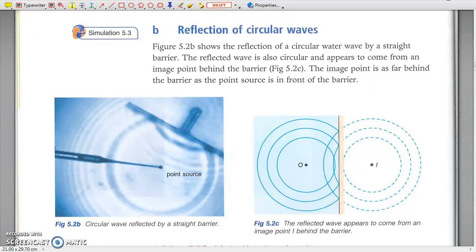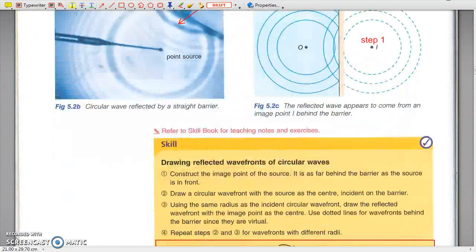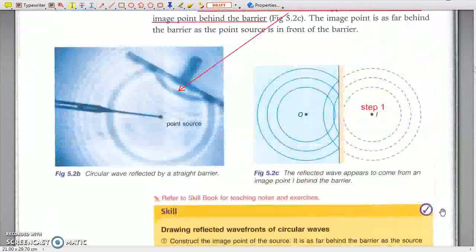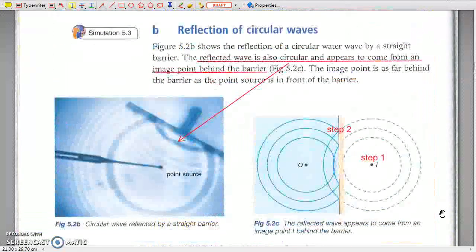B. Reflection of circular waves. For a circular wavefront, it is reflected, so an image is formed behind the reflector. If you are asked to draw the reflected wavefronts, you should locate the image first, as the skewed section shown below, and then you may draw the incident wavefront and the reflected wavefront as shown here.